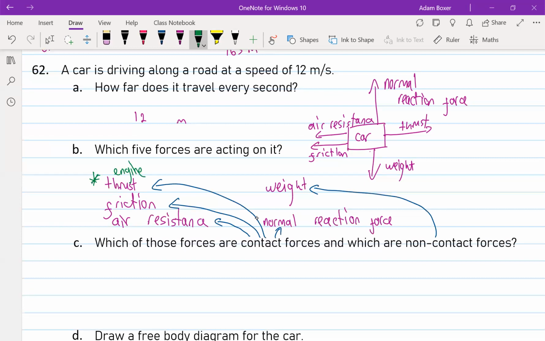Friction. What 2 things are in contact? I'm hoping you said car and road. So really we should write this as car and engine because they're in contact. What about air resistance? What causes that? Car and air particles.